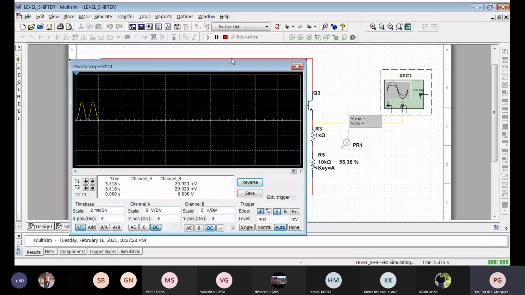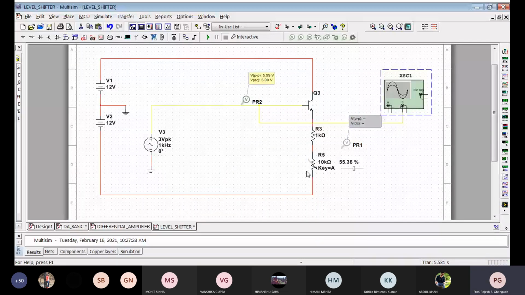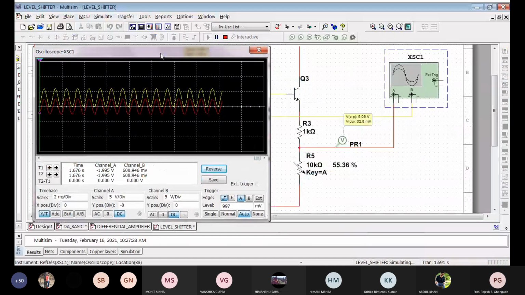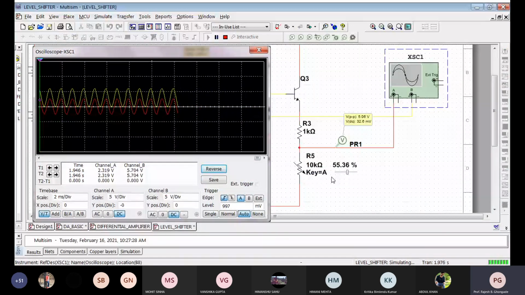Now with this particular circuit, what I can do is change the value of R5 in this case, and shift the DC over here. See this? Now what is happening? Red is the output. So I have shifted the signal. I have removed the DC content by adjusting this value.